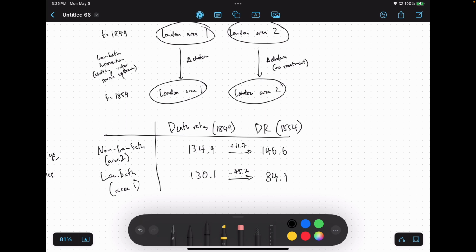Okay. And so the differences is actually taking this difference and then taking this difference as well, right?